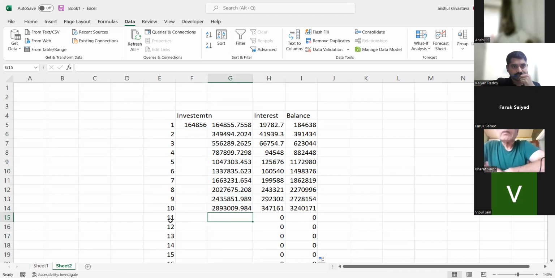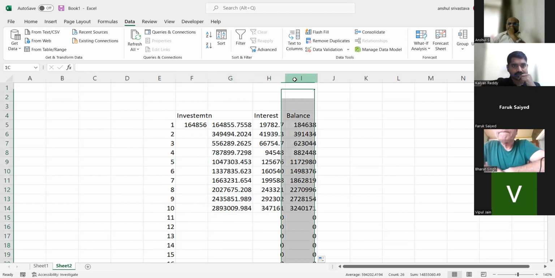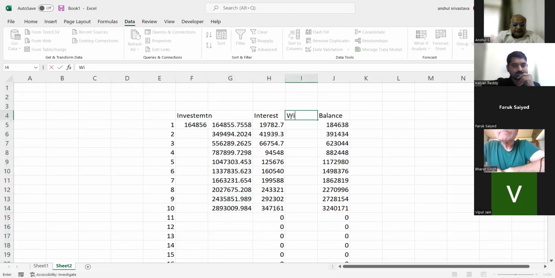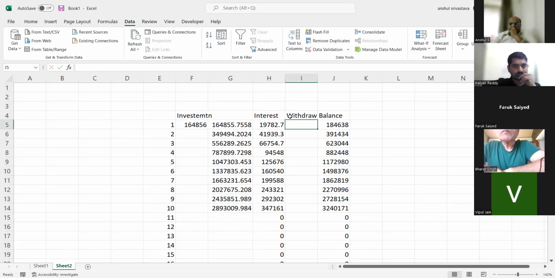Interest will be there and there is a withdrawal also. Let's put that in. In the initial 10 years there is no withdrawal, no? Yes, sir, 0.